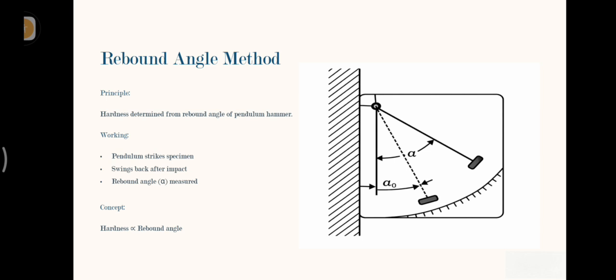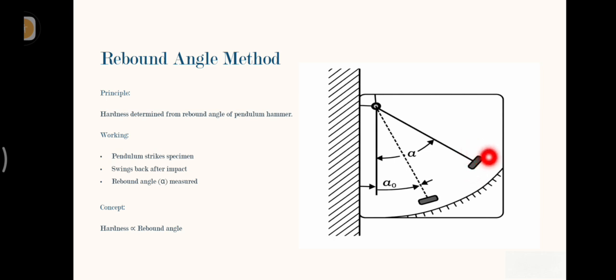The final part is the rebound angle method. Here the specimen is placed vertically, and we have a pulley, and the steel ball is hung using a thread.